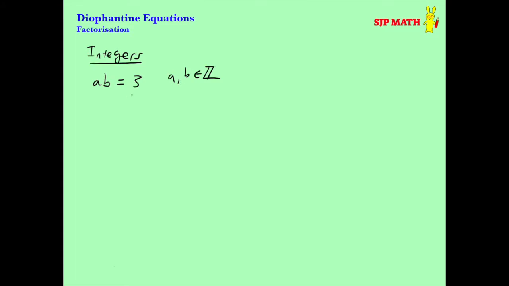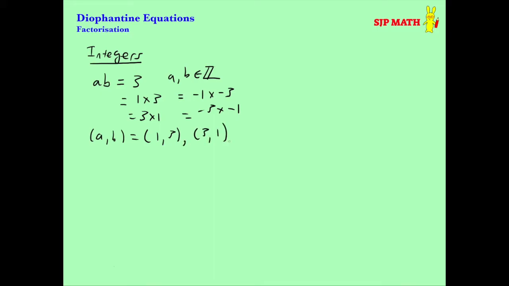But no, because if you try to express 3 as a product of two integers, there's only 1 times 3, 3 times 1, -1 times -3, and -3 times -1. So there are only 4 cases, and (a, b) can only be (1, 3), (3, 1), and so on.